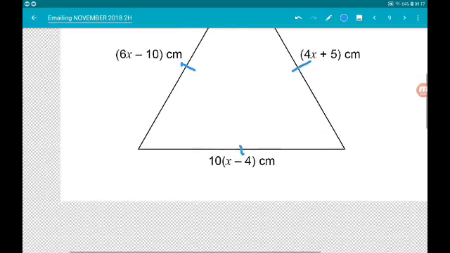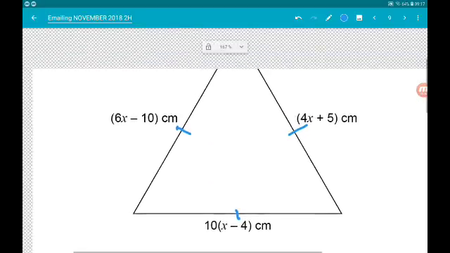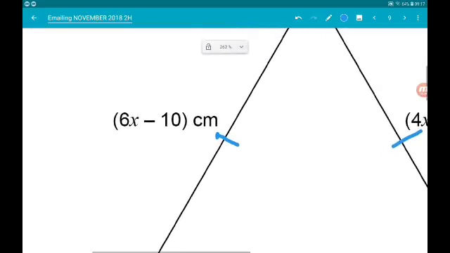We want to work out, is the perimeter of the triangle greater than 1 meter? We must show our working. Okay, so each of the 3 sides are given to us algebraically.